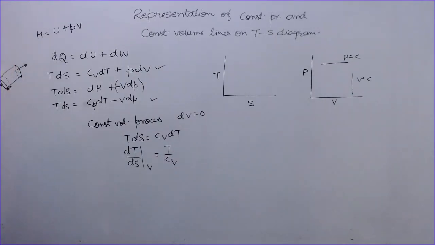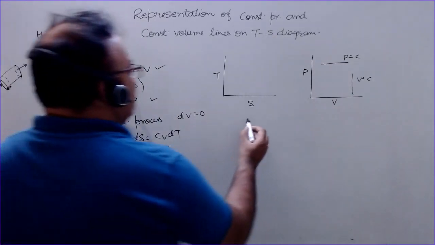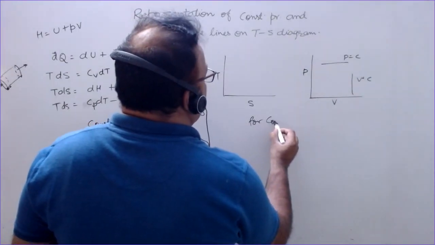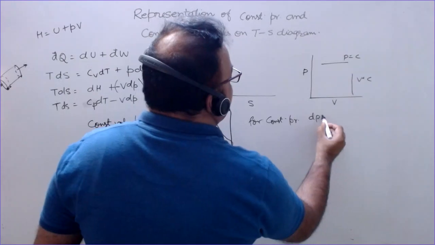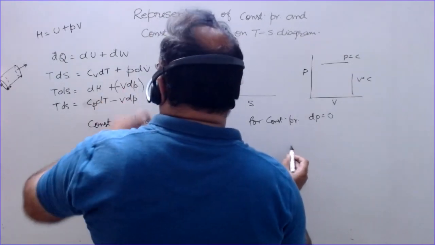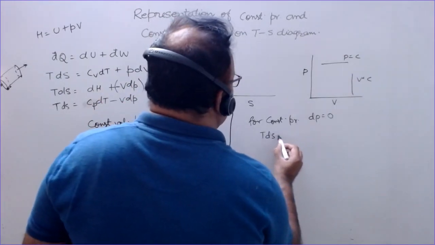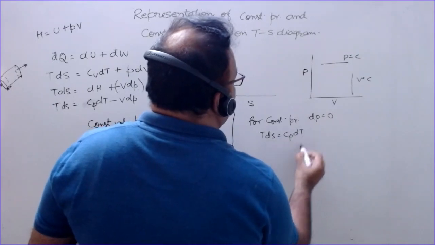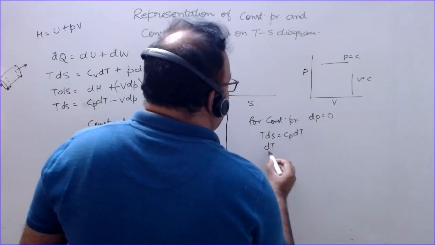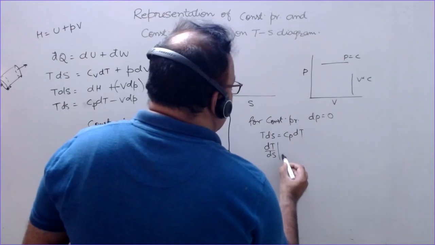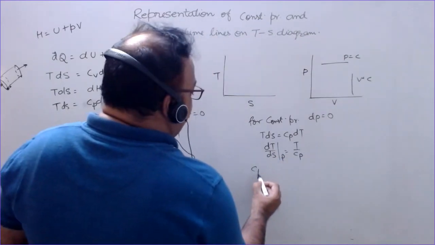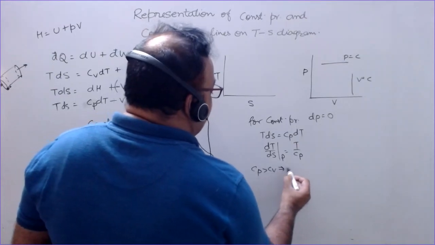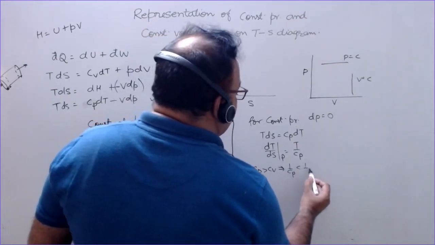Similarly, from the second equation, for constant pressure dP is 0, so this term becomes 0. So TdS is Cp into dT. So the slope dT by ds at constant pressure is equal to T by Cp. Now Cp is greater than Cv. That means 1 by Cp is less than 1 by Cv.